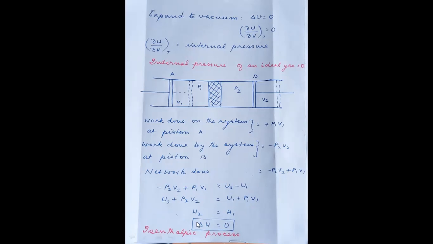This indicates that the enthalpy at side B is the same as the enthalpy at side A, which means that during this process there is no change in the enthalpy. So delta H is equal to 0, which is called an isenthalpic process. In the last class itself, I explained what an isenthalpic process is. There is no change in the enthalpy during the process.